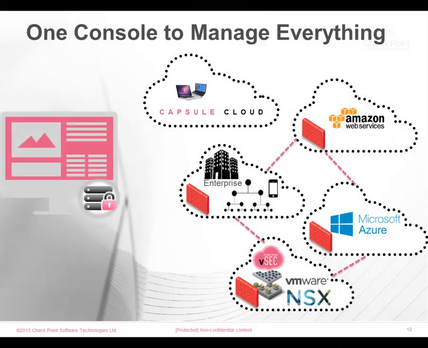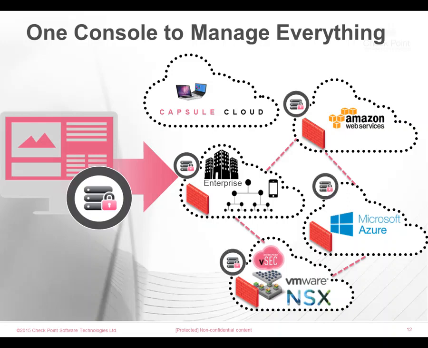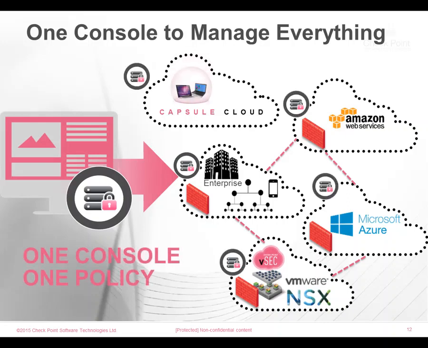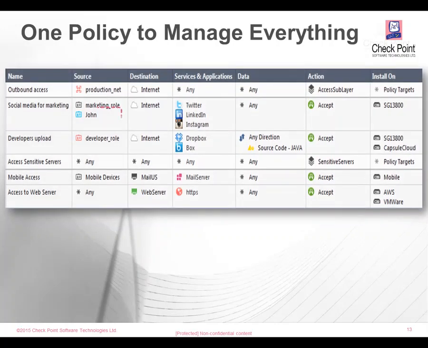So basically now we have one console where the security teams can manage all the different aspects from the security policy in access control to threat prevention across the entire organization, both for the physical and virtual environments, both in public and private clouds. It's managed from one single location.